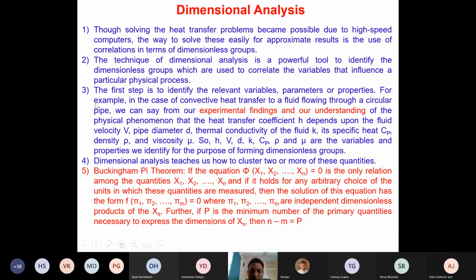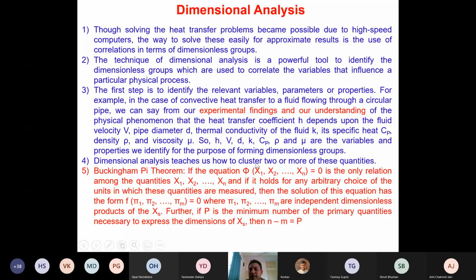Okay, so this theorem states that if the equation phi, which is nothing but the relationship between x1, x2, up to xn, equals 0, is the only relation among the quantities x1, x2, xn, and if this relation holds for any arbitrary choice of units in which these quantities are measured.